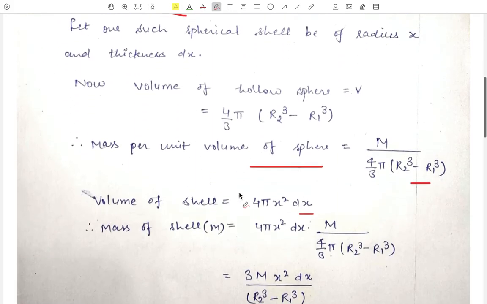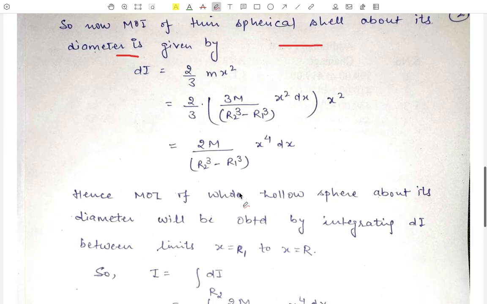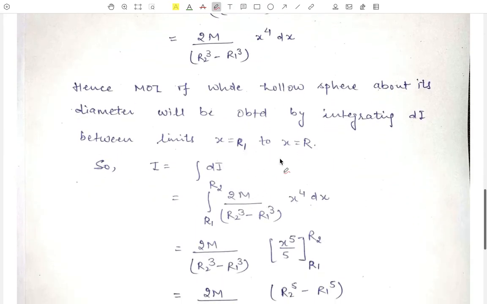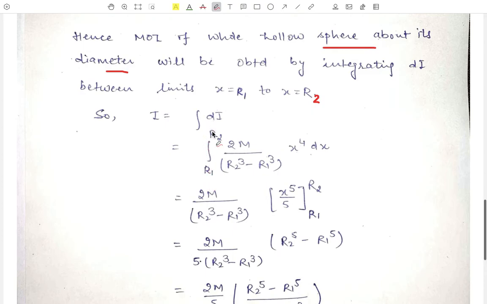Therefore, the limits of integration are from r1 to r2.